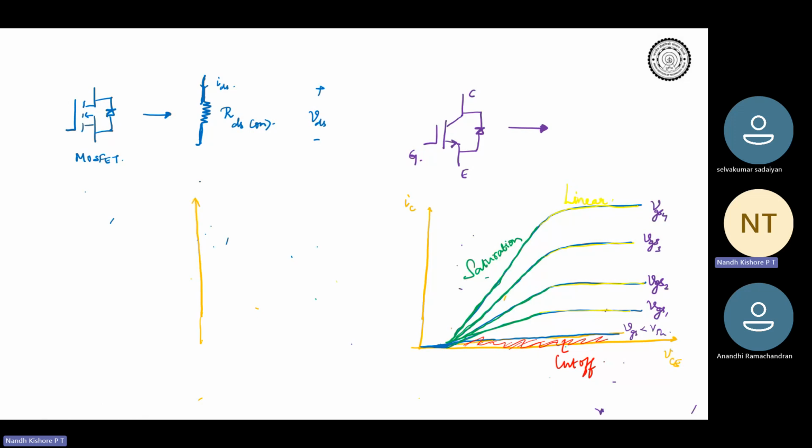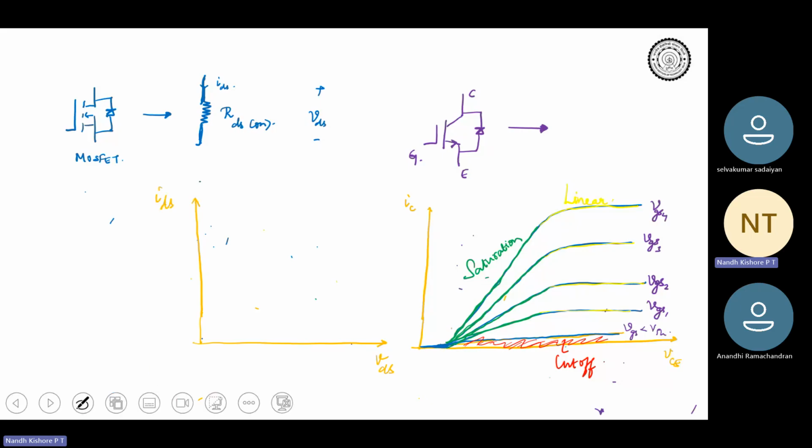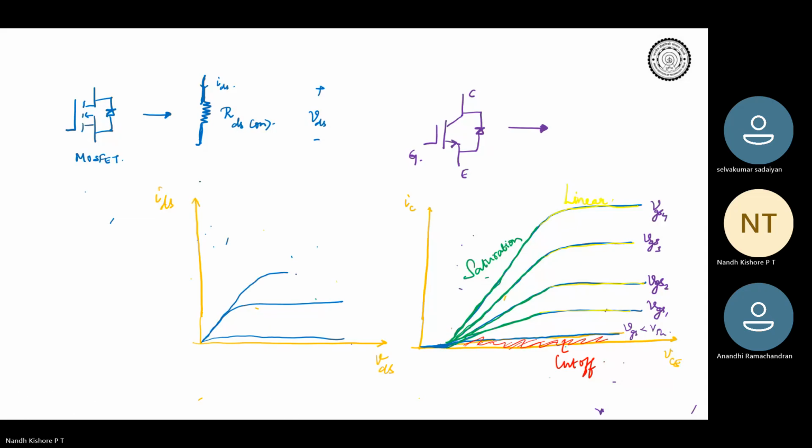For a MOSFET, you may recall that you have something like this, which is VDS, this is IDS, but more importantly, what you will be seeing is this, of course, cutoff. So there's something like this.